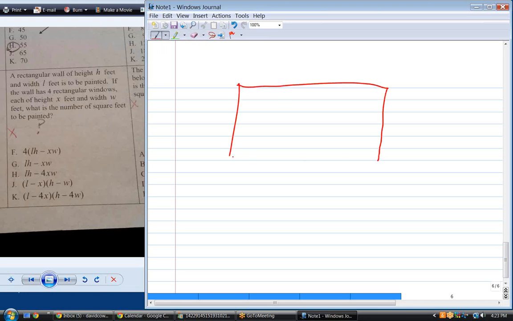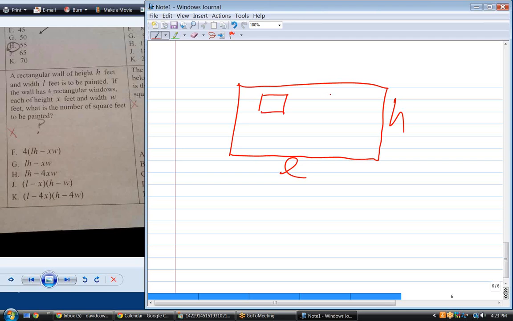There's our wall standing up, of height h and length l. If the wall has 4 rectangular windows, each of height x and width w, what is the number of square feet to be painted?